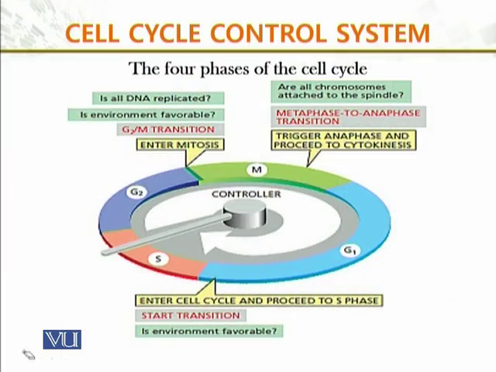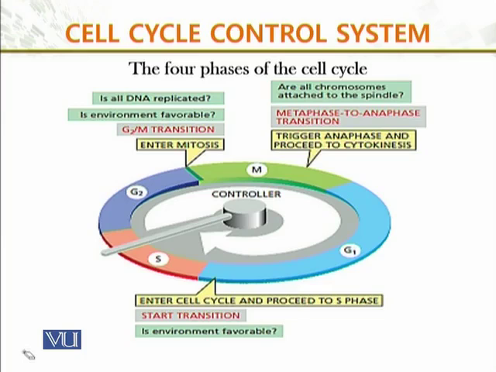In this cartoon, these whole steps have been indicated at different points. For example, the cell system asks at the metaphase to anaphase transition whether all chromosomes are attached to the spindle. Then there comes the G1 gap, and again the S phase.